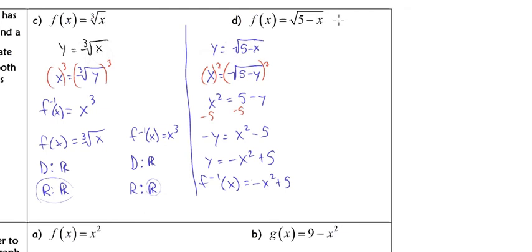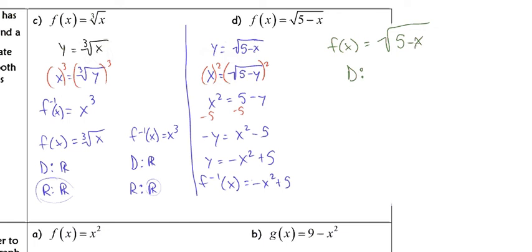On the original function, f of x equals the square root of 5 minus x, my domain here, I can plug in all real numbers that are less than or equal to 5.